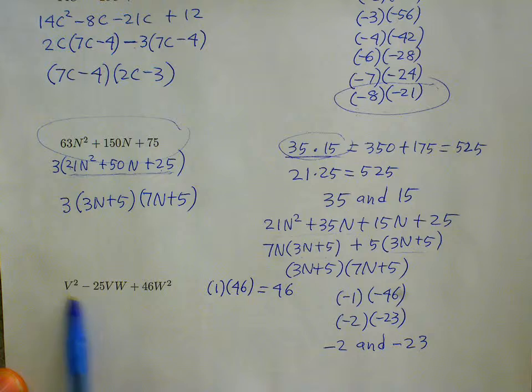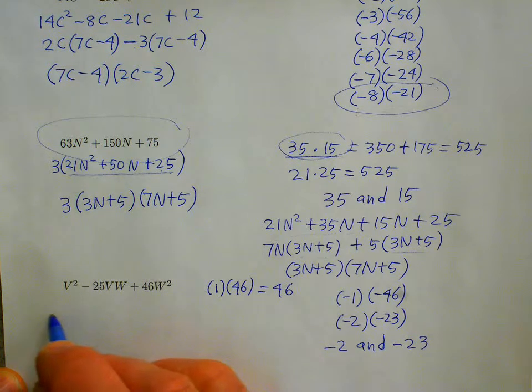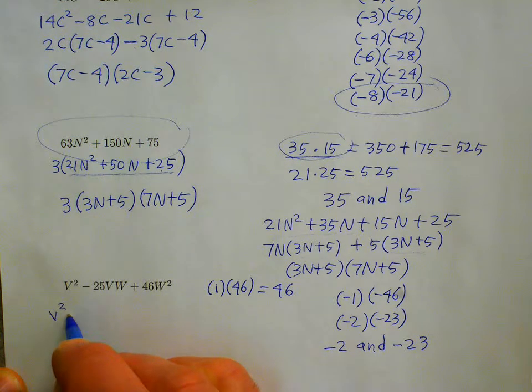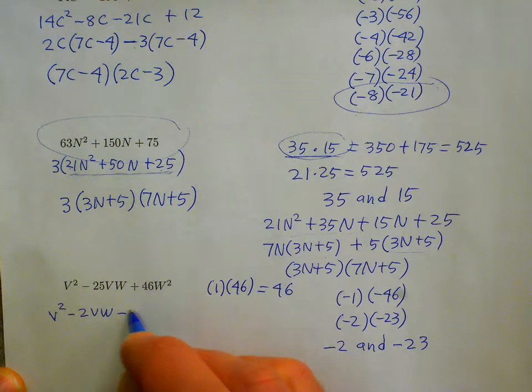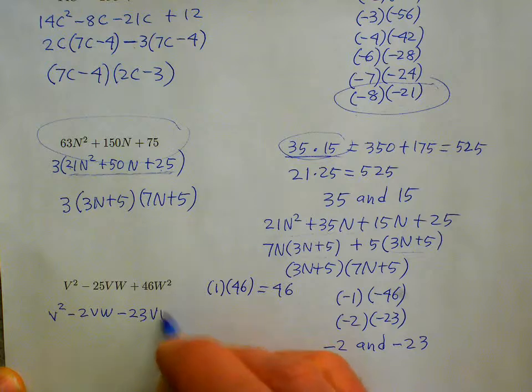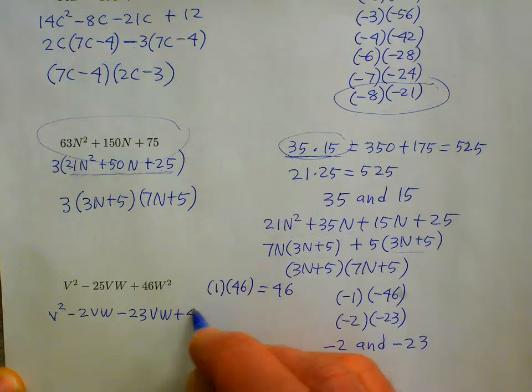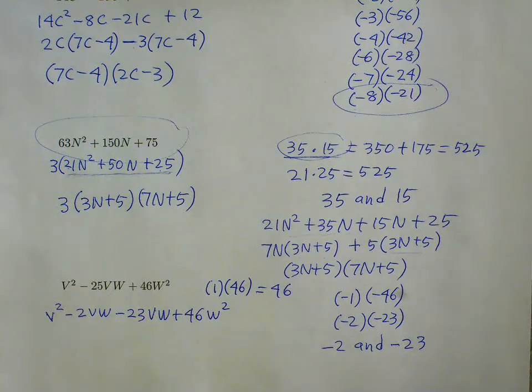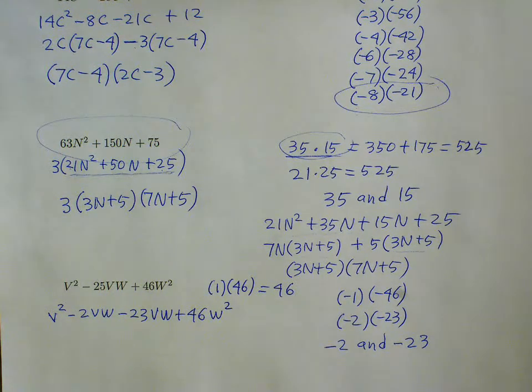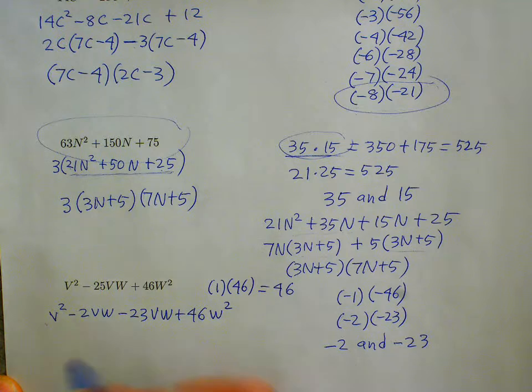So transform the trinomial into a quadronomial. So v to the second minus 2vw minus 23vw plus 46w to the second. Okay, then factor by grouping. Out of the first two terms, we can factor out v, and the binomial is v minus 2w.